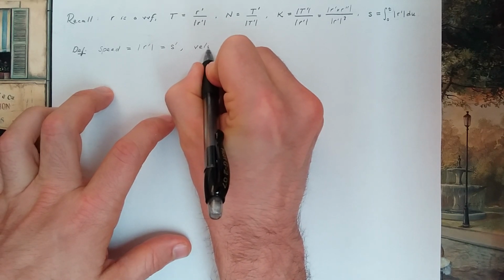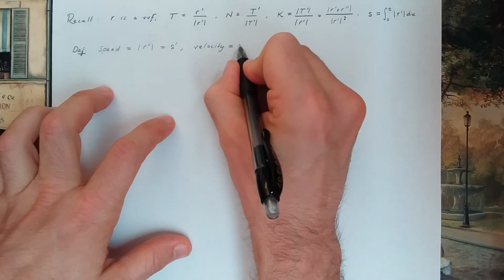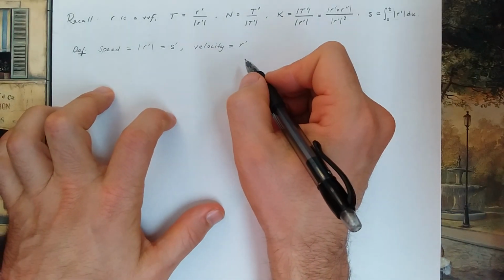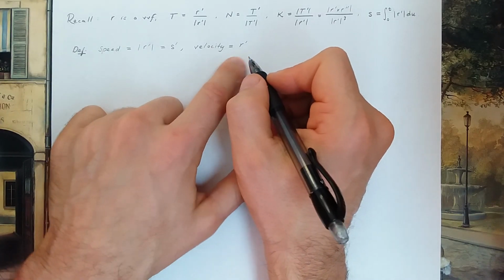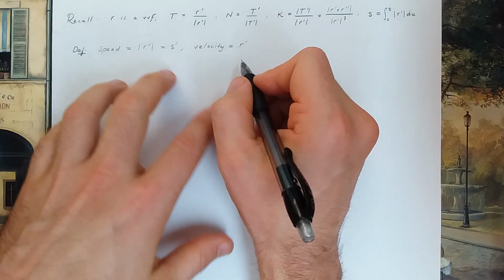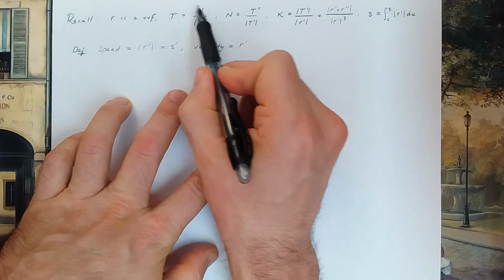Velocity is the name given to this derivative of the vector-valued function. Velocity is a vector where speed is not a vector. Velocity can be written in terms of the unit tangent vector.